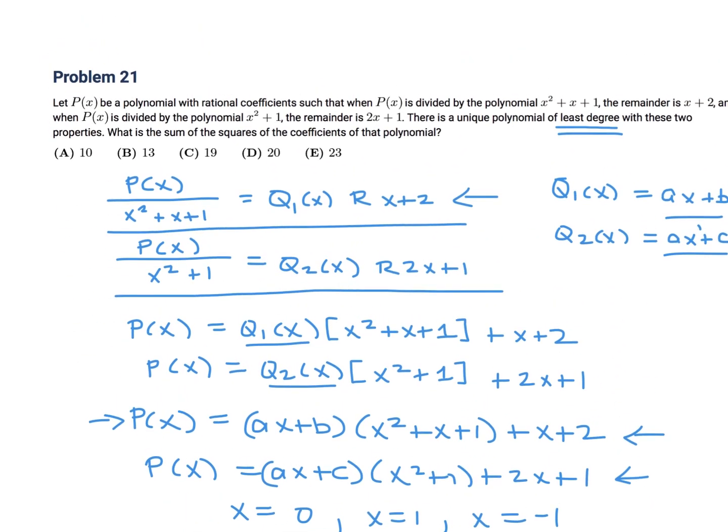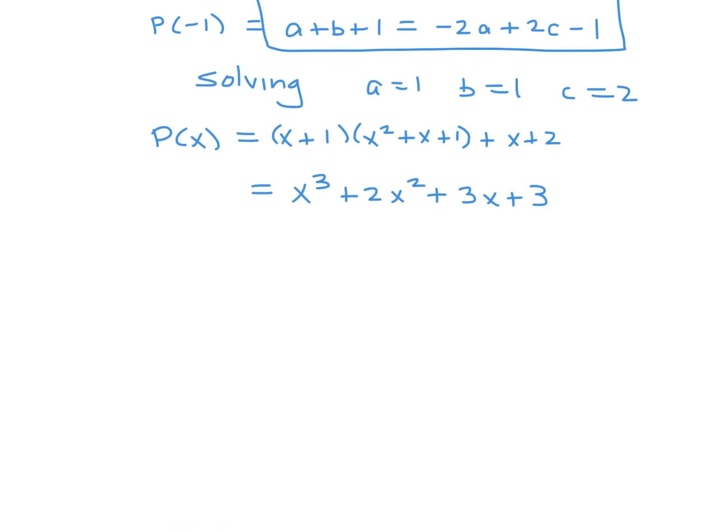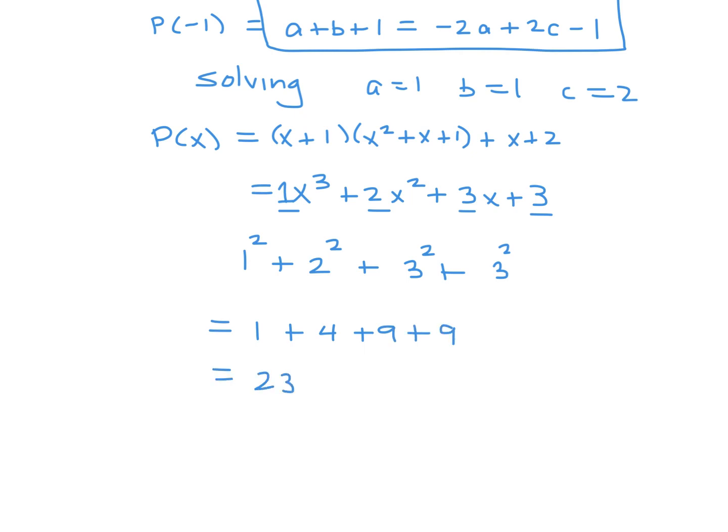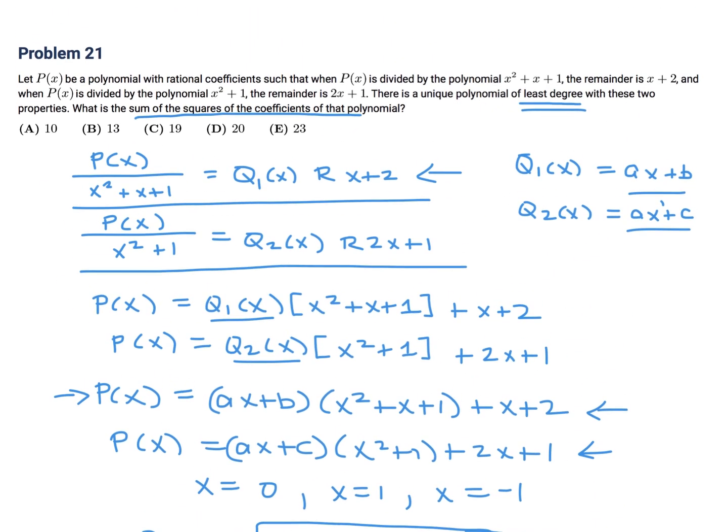The coefficients are 1, 2, 3, and 3. We square them and add: 1 plus 4 plus 9 plus 9, which equals 23. So 23 is the answer, and that would be choice E.